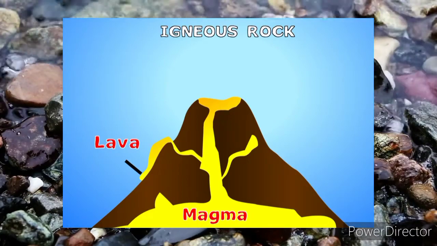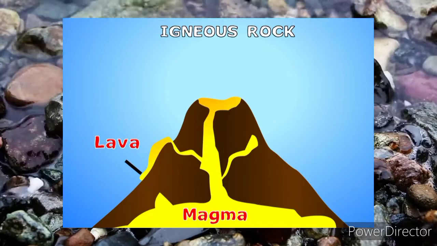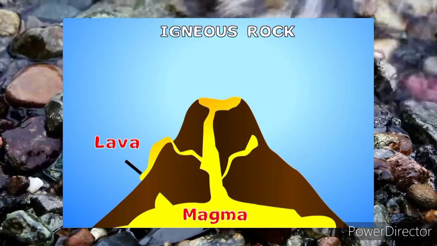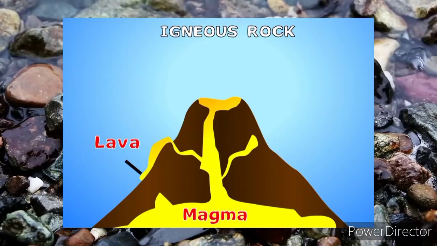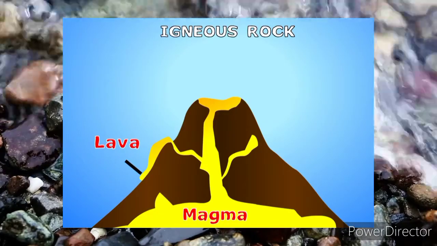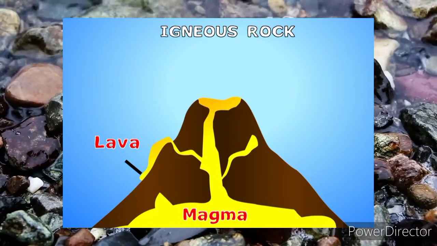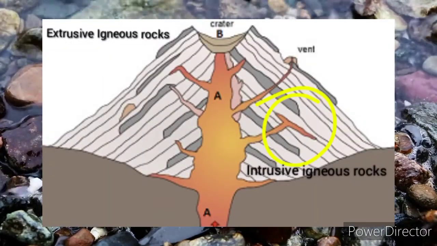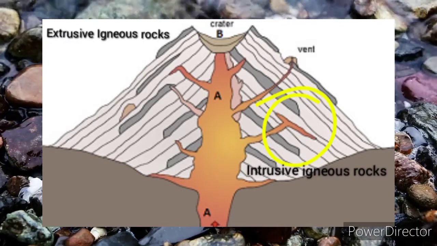They are formed by cooling and solidification of magma or lava. Means when lava or magma cools and becomes solid and hard, then the igneous rocks are formed. There are two types of igneous rocks: extrusive igneous rocks and intrusive igneous rocks.